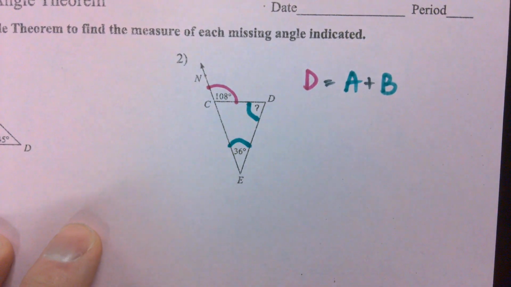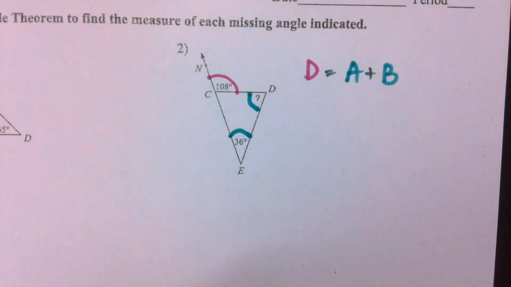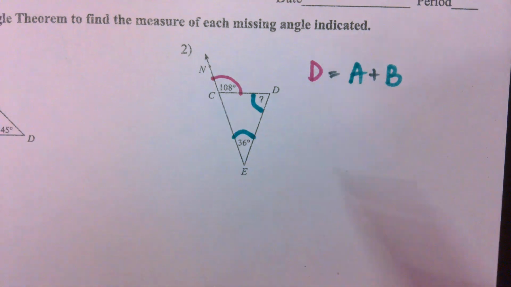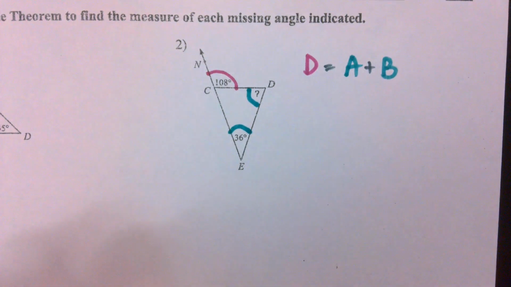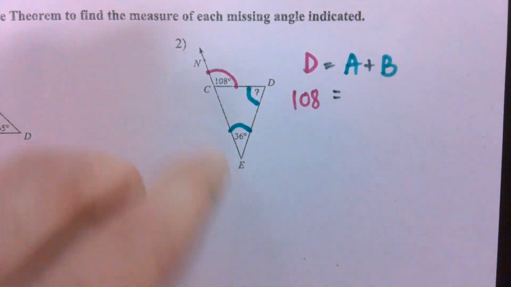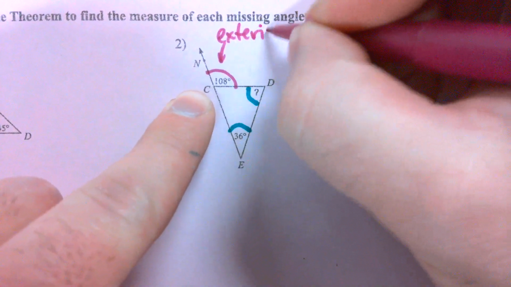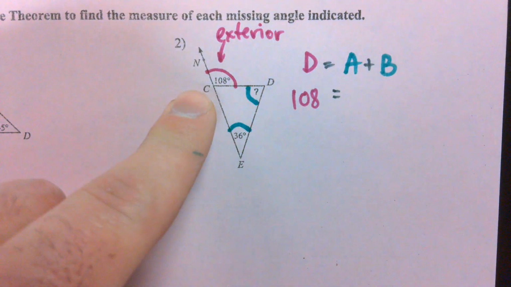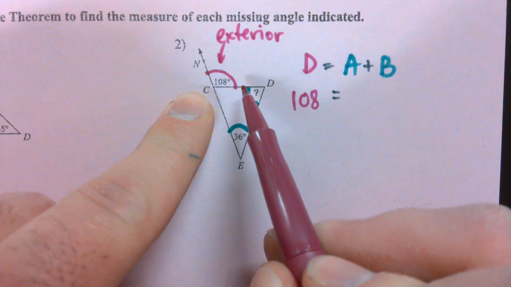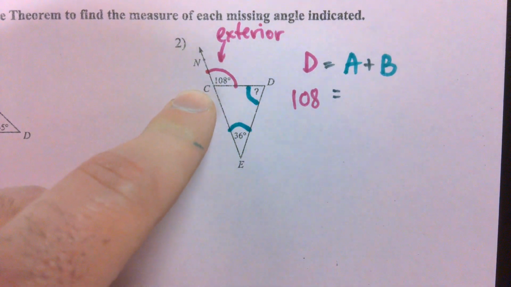What can I plug in for D? Are you sure? What number is on the outside of my triangle? 108. It's color coded, right? 108. That's my exterior angle. What does exterior mean again? Outside. See how that angle arc is not within my triangle? That's on the outside.